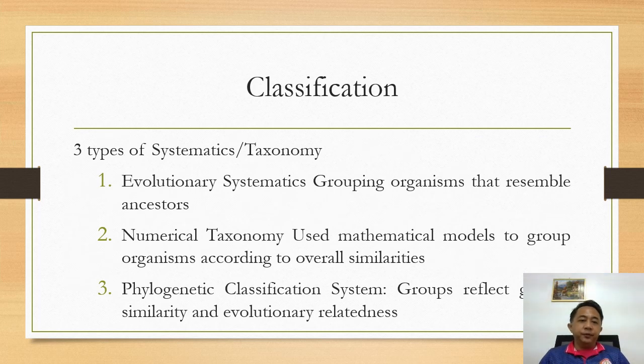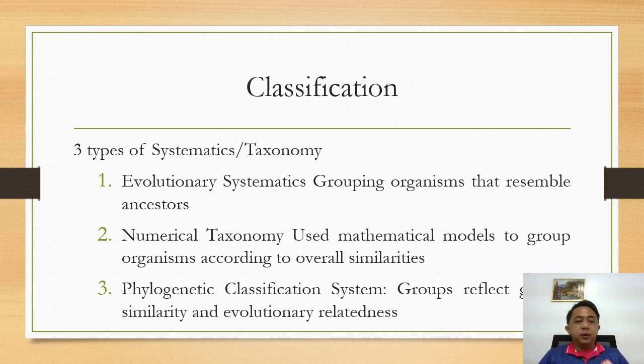Now, under classification, we have three types of systematics, or how we are going to study taxonomy. First is evolutionary systematics, or grouping of organisms, particularly by identifying their common ancestors.